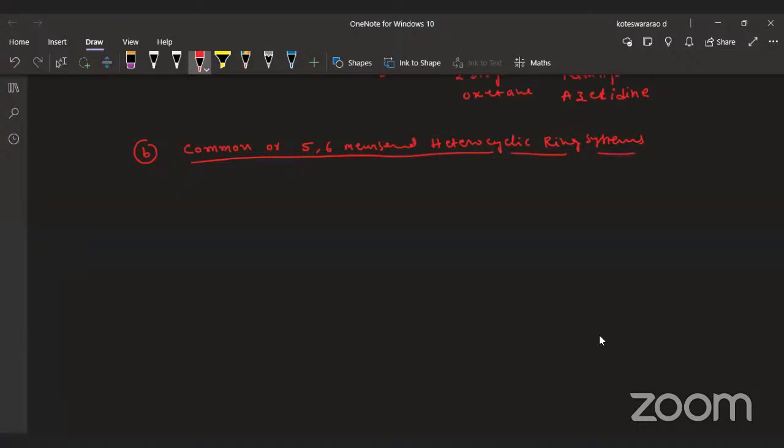Itself it indicates that if the ring system contains 5 atoms or 6 atoms, then it comes under the common ring system, or 5, 6 membered heterocyclic ring system.